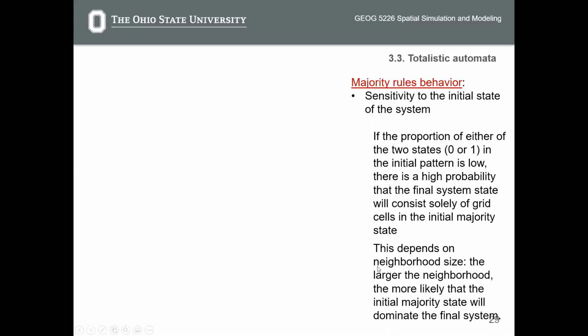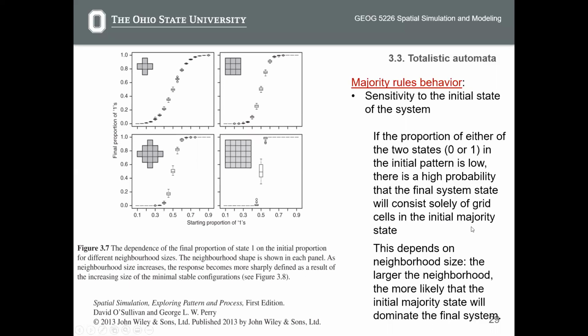This depends on neighborhood size. The larger the neighborhood, the more likely that the initial majority state will dominate the final system. It means that it's pretty hard for the minority state to be dominant in the end if it is minority at the very beginning.